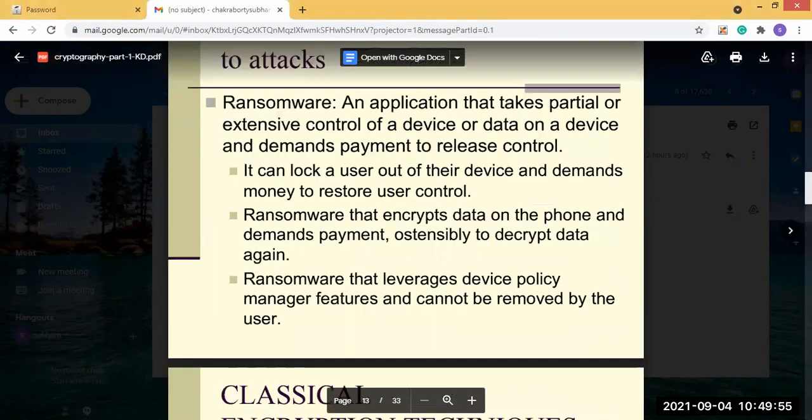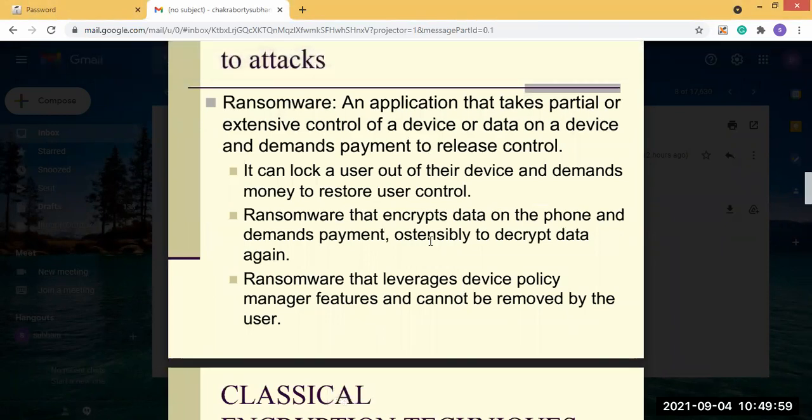Okay, so the thing we are discussing is ransomware. Ransomware can lock the user out of their device and demand money to restore the user's control. Ransomware can encrypt data on the phone and demand payment to decrypt the data again.